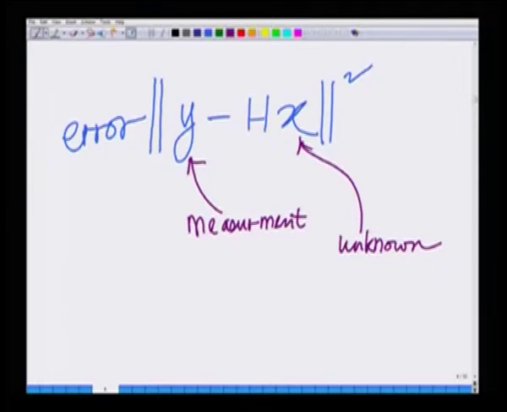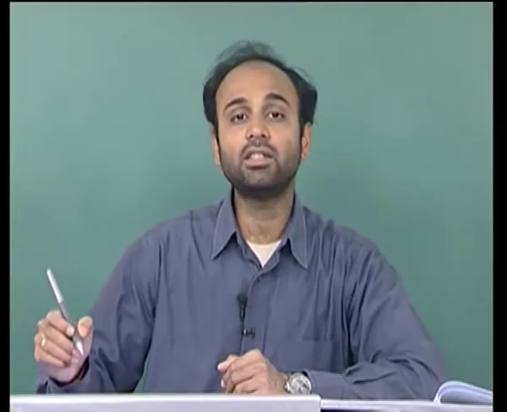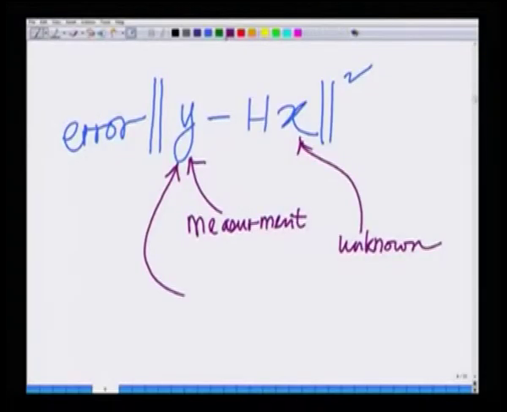So, I am choosing an x such that this measurement error is minimized. This is known as the minimum error solution. This also has a name: it is known as least squared error. Look at this, we are considering the squared error, hence this is also known as the least squares solution.